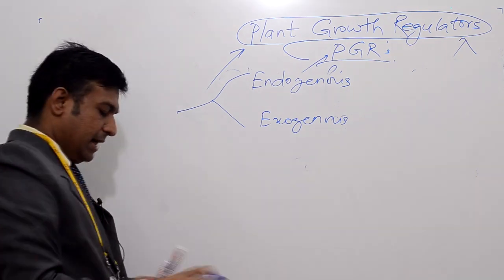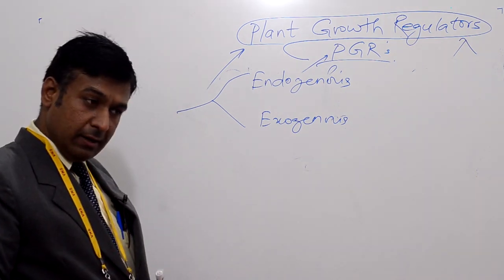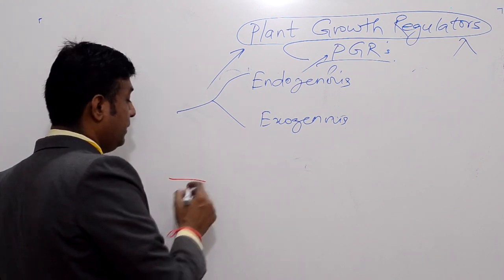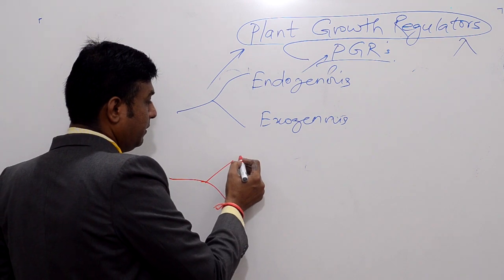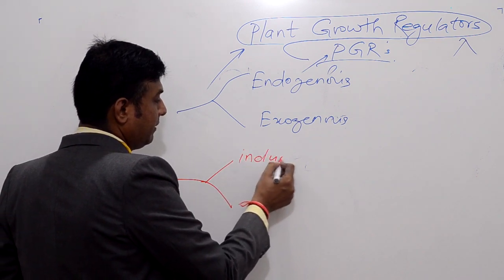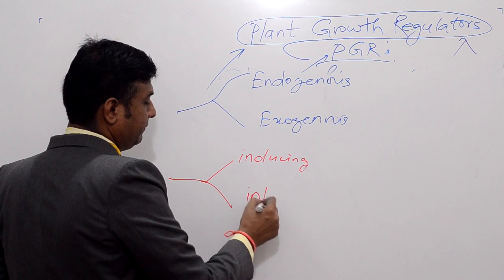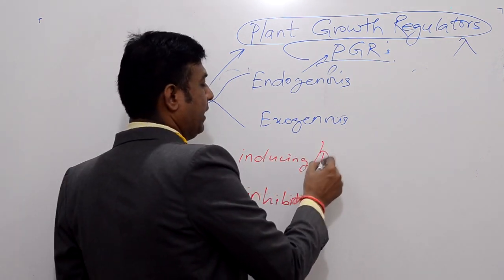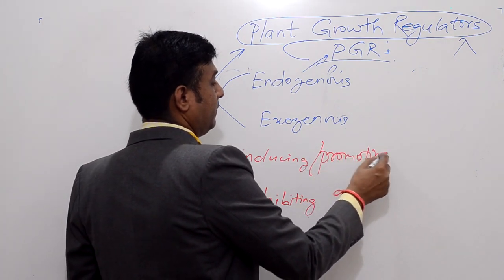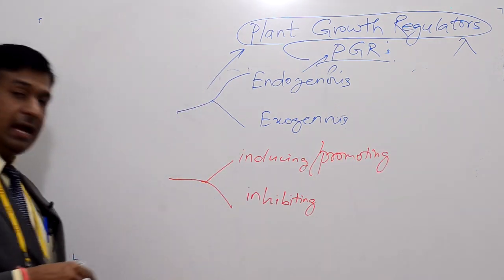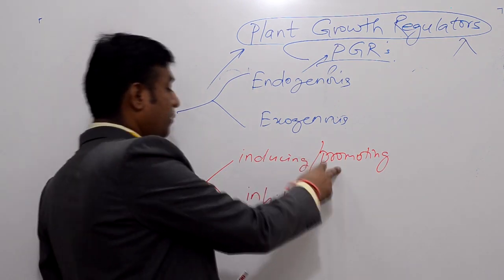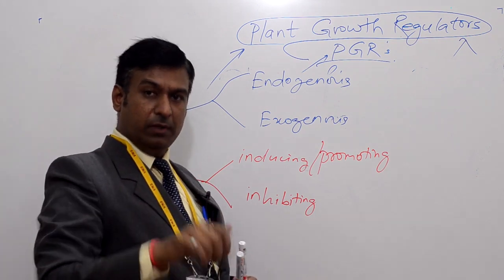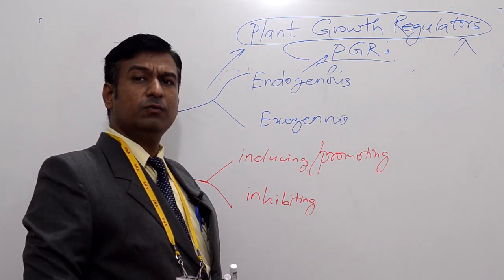The other way by which we can classify them is plant growth inducing, inhibiting, or promoting. For inducing, promoting, or inhibiting types of hormones, those that increase growth and those that inhibit growth, we can categorize them in this way also.